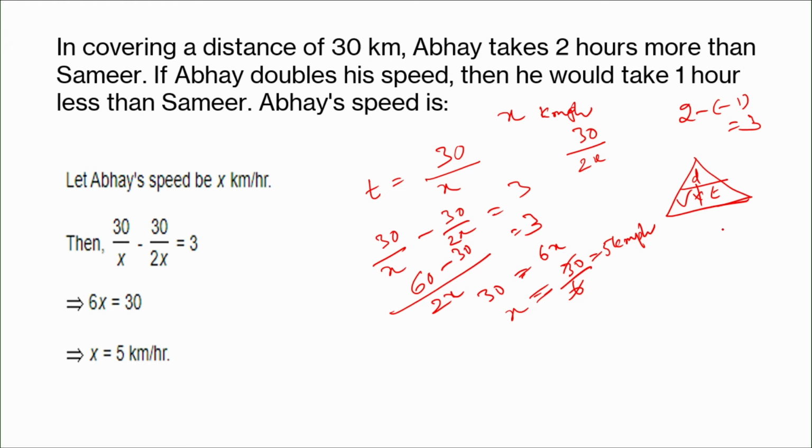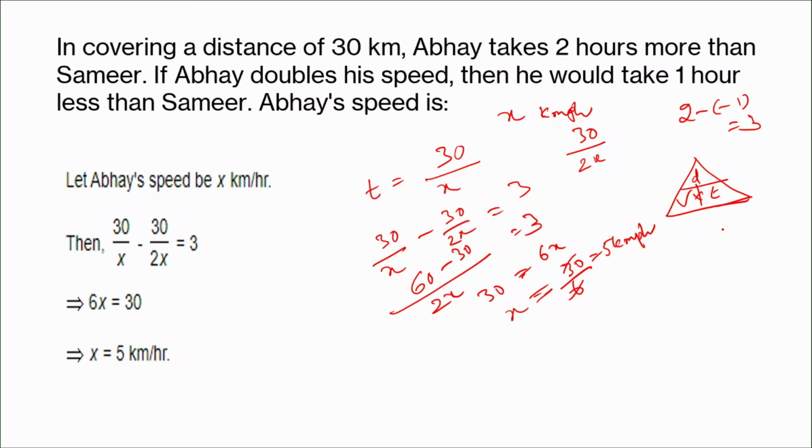Here the information is, when Abhay uses his normal speed, he covers 30 kilometers 2 hours later than Samir. But when Abhay doubles his speed, he would take 1 hour less than Samir, so it will be 2 minus of minus 1, that is 3 hours.